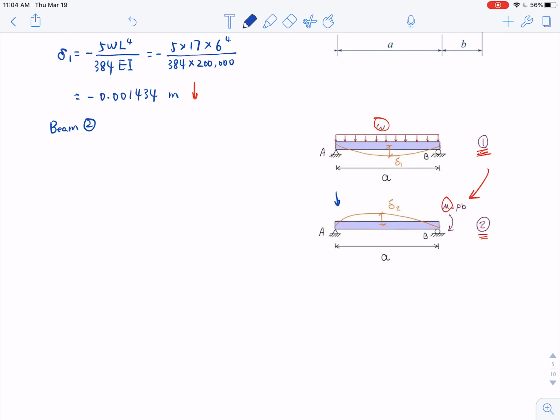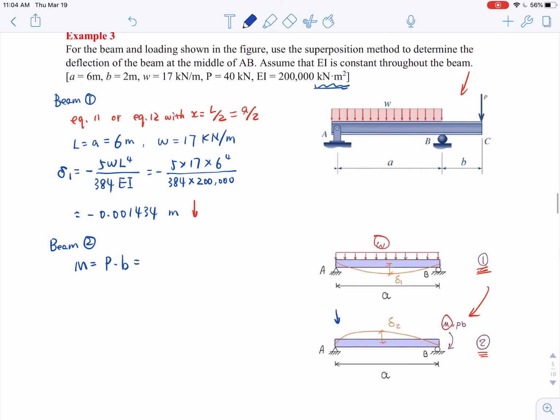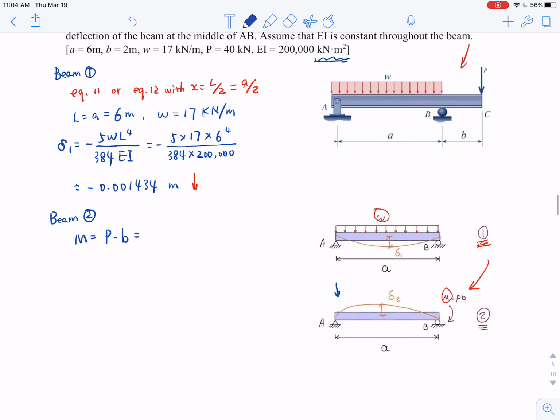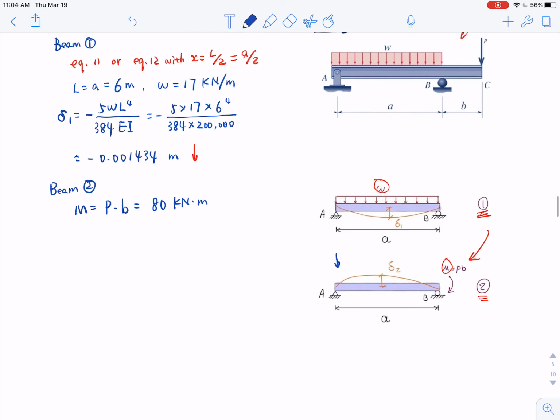For equation 9, we need to determine M first. M equals Pb. P is 40 and b is 2, so you get 80 kilonewton meter. Again, strictly speaking, this should be a negative bending moment, but we just use its magnitude.